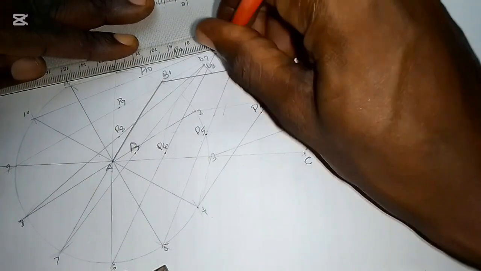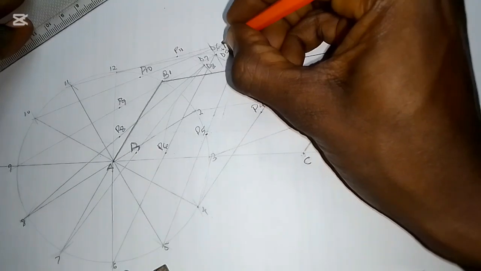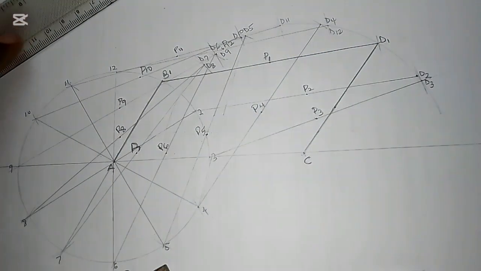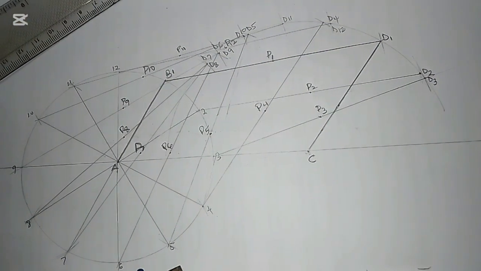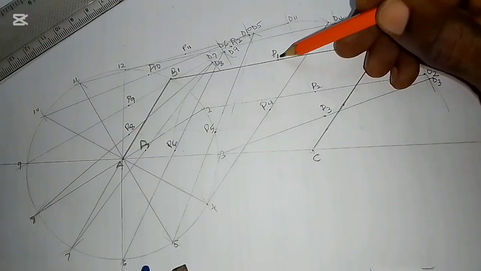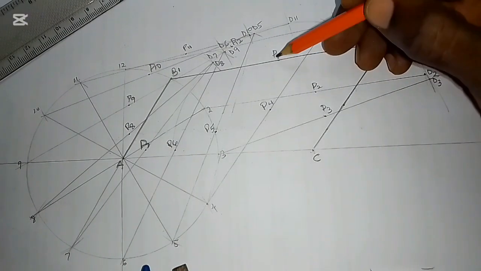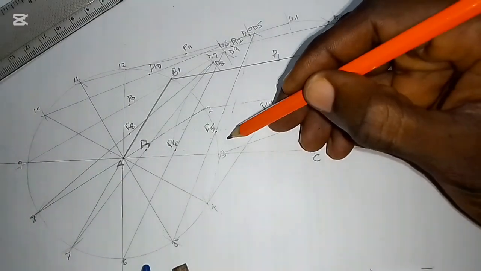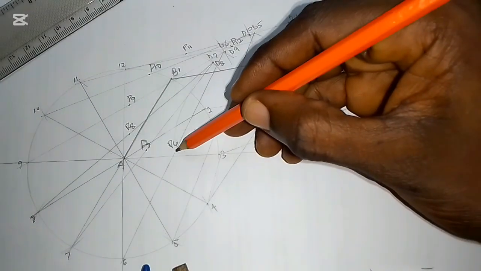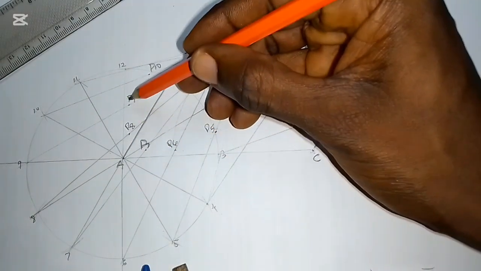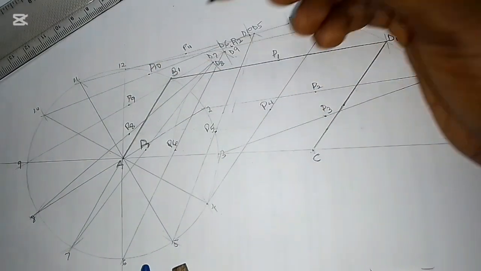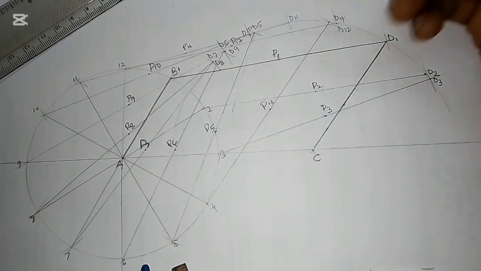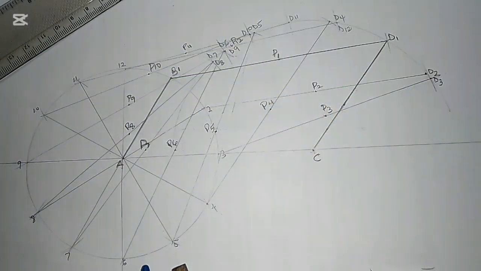So this will be my P12. I hope we can see this now. Let's go over the points again. This is P1, P2, P3, P4, P5, P6, P7, P8, P9, P10, P11, P12. You can see we join the points together like that.